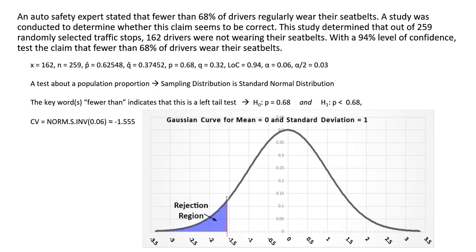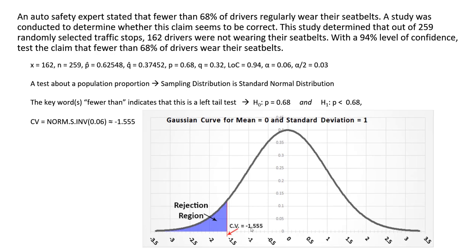Now, this is the diagram. My rejection region starts somewhere about here. And I know I haven't explained what rejection region means yet. We'll get there. The critical value is negative 1.555, which is right about here. And what that is, that's a boundary.